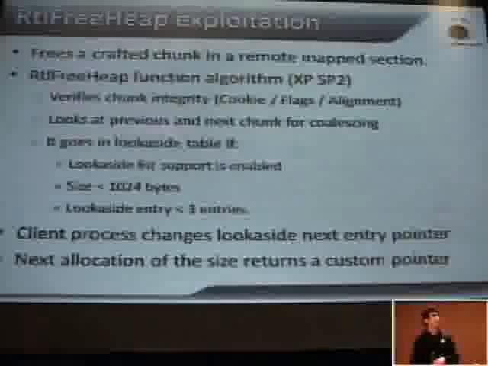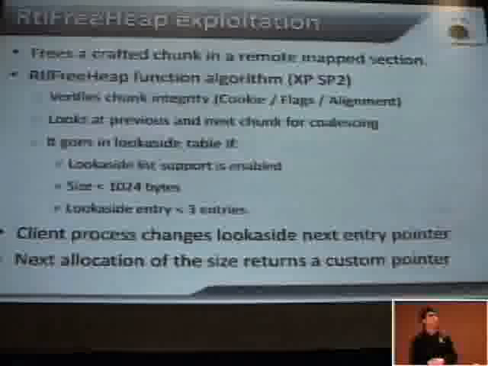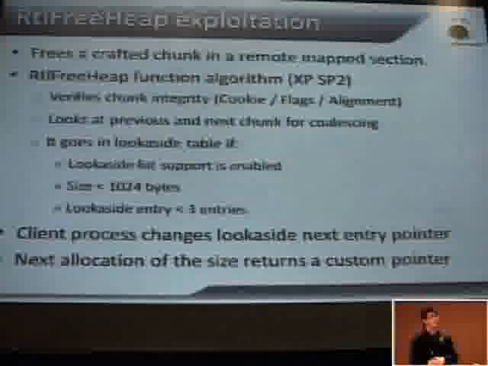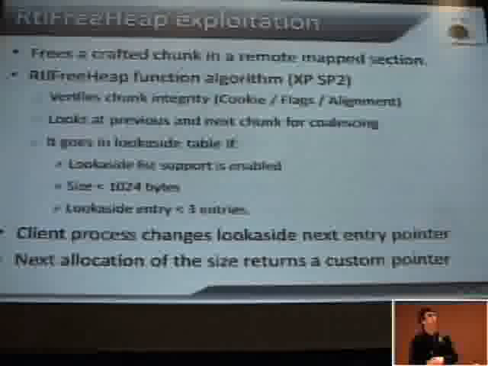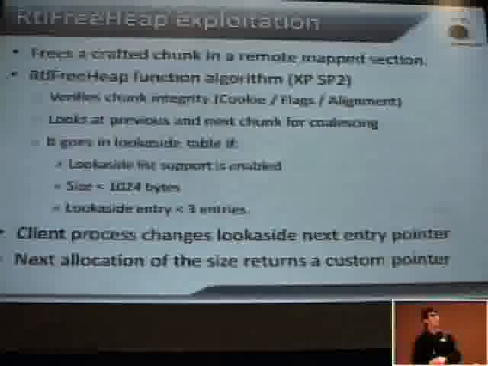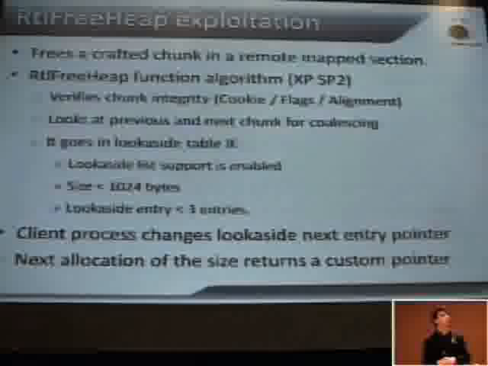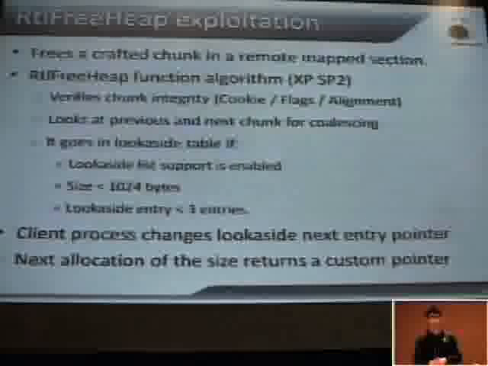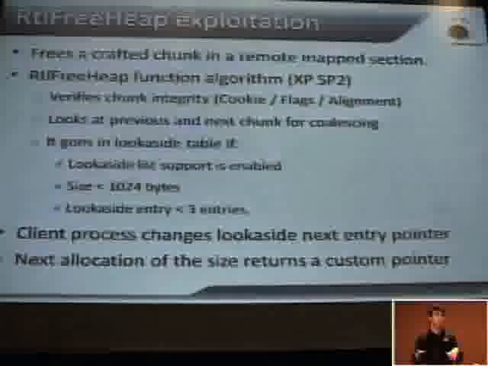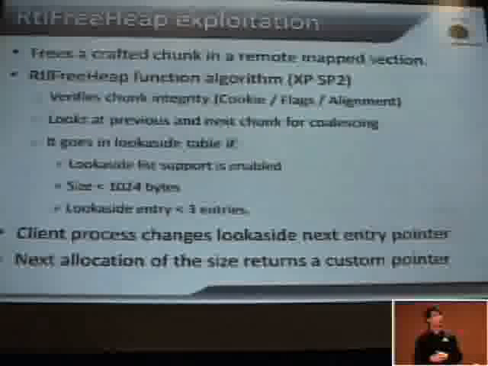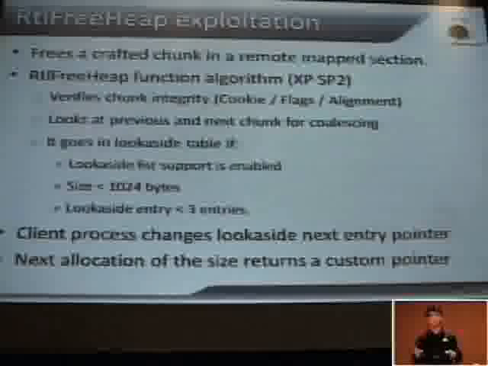So exploiting the RtlFreeHeap function is not something common, but there is a lot of documentation about exploitation of the heap on Windows XP SP2. Basically, we used a crafted chunk in the remote mapped section in order to push a chunk in a lookaside list. A lookaside list is a fast allocation list that is used for exploitation on XP SP2.